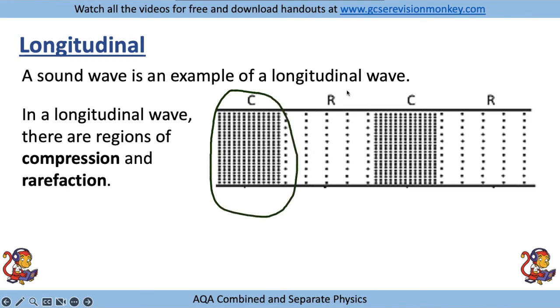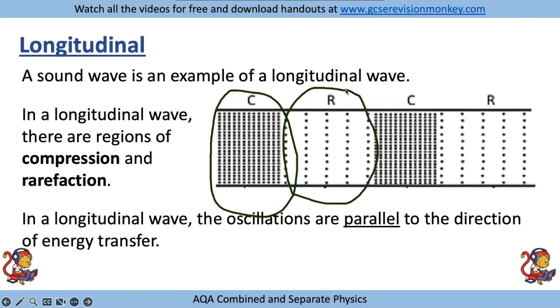And next to it, where the particles are further apart, that's a region of rarefaction. In a longitudinal wave, the oscillations are parallel to the direction of energy transfer, which means the movement of the particles backwards and forwards is parallel to the direction of energy transfer.